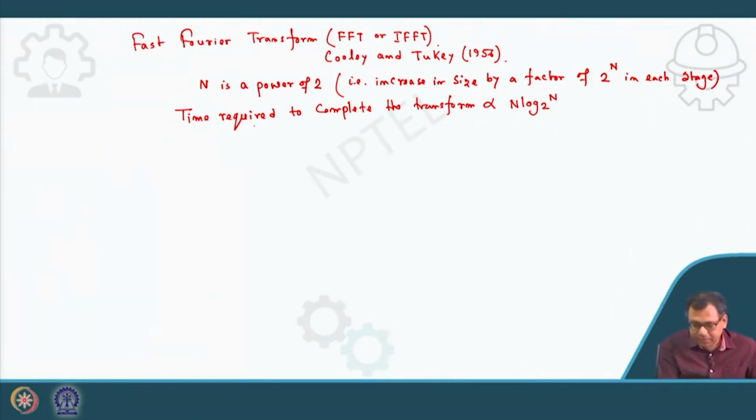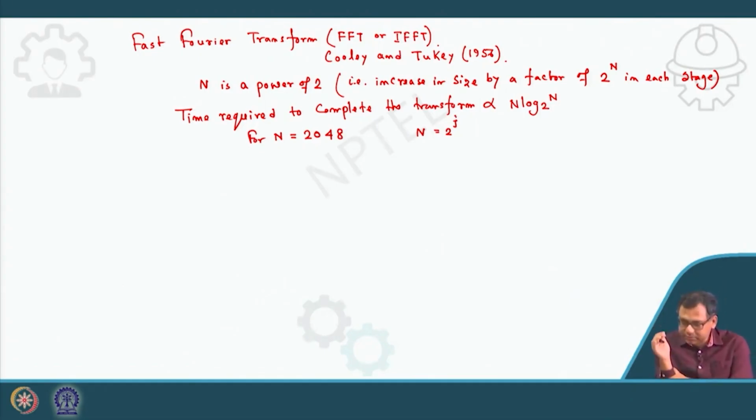Now, if I take n equal to 2048, 2048 means n is equal to 2 to the power j. Okay.